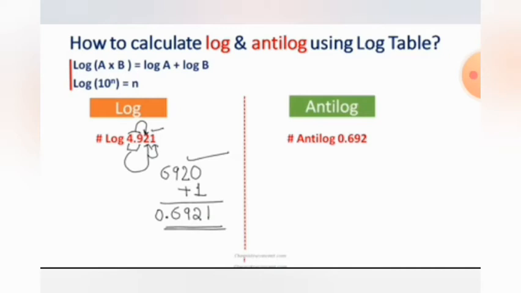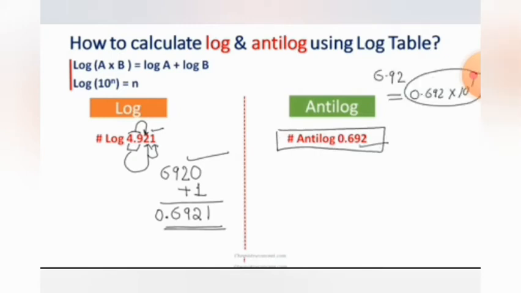Then the value of 1 is taken from the mean difference column. Therefore, 6920 plus 1 is equal to 0.6921. Here we take 49 first, then 2, then 1.